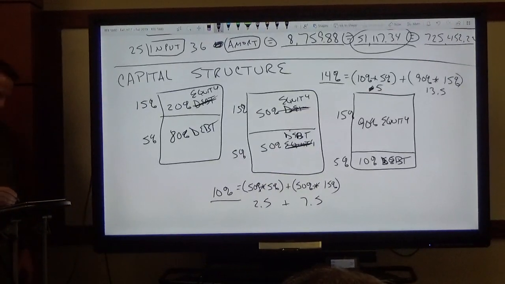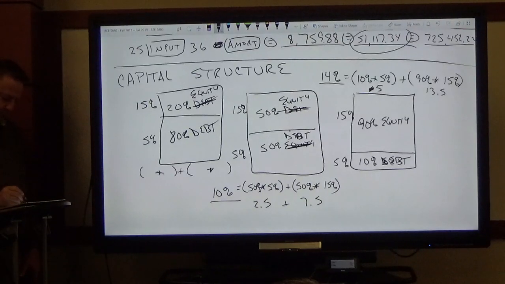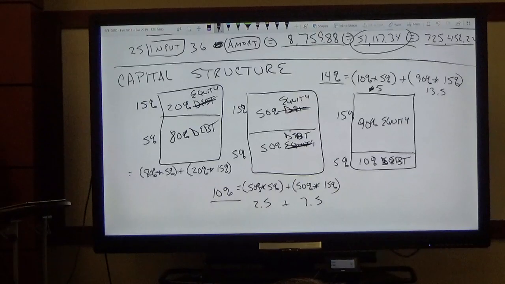All right, and then for this one, we have 80% debt, 20% equity, 5% cost of debt, 15% return on equity.